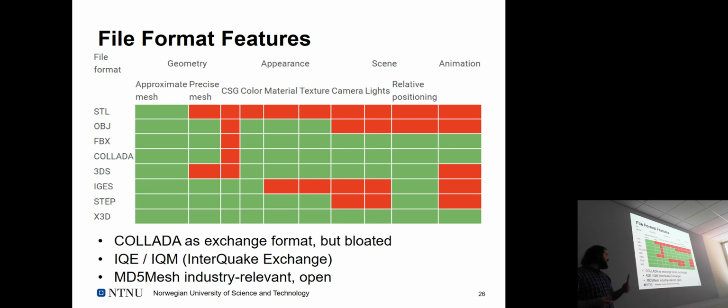There are better formats according to literature, like Inter-Quake Exchange, IQE, and MD5 Mesh that is used a lot in industry, and FBX is also good, and there are some free FBX models that you could play with, and I'll show you a good example of that.